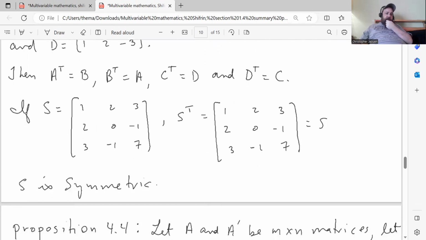And then S here is just an example of a symmetric matrix. If you take the transpose of S, notice that you get the same matrix back.